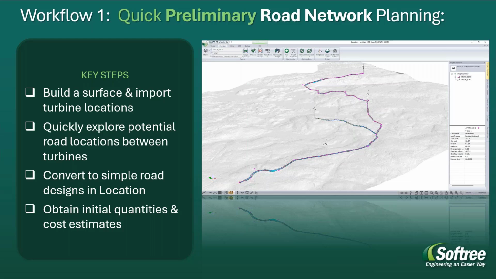We're going to import our turbine locations and quickly explore the potential road locations between those turbines. Then we'll leverage some of the quick optimization tools inside the location module to convert those Path Explorer paths into simple road designs and get some initial quantities. That encompasses the key steps of the first workflow. With that, I am going to pass the screen over to Matt.